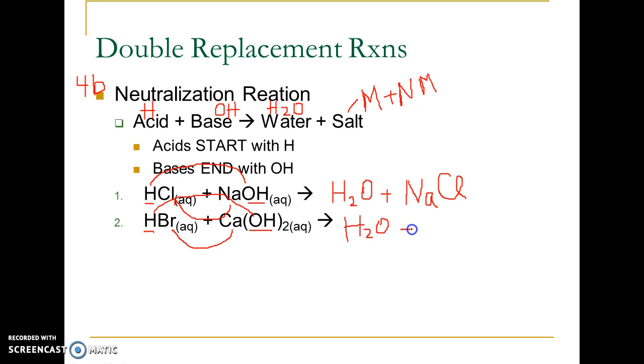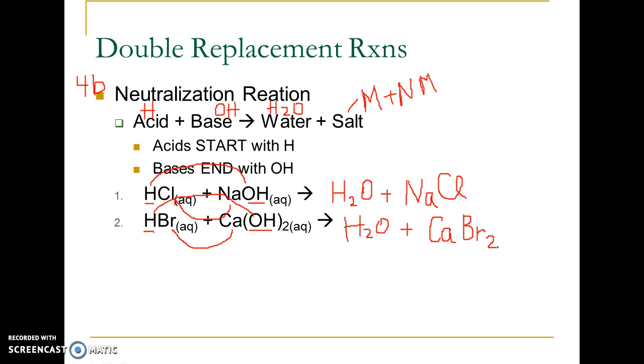And then I'm going to have calcium bromide. I'm checking my charges. Calcium has a +2. Bromine has a -1, so when I write this chemical formula, I have calcium bromide, so CaBr2.